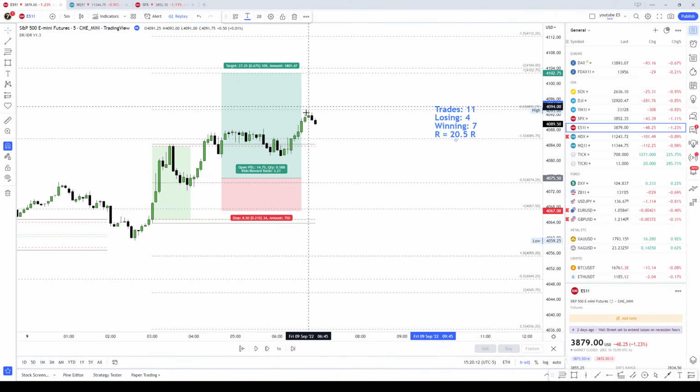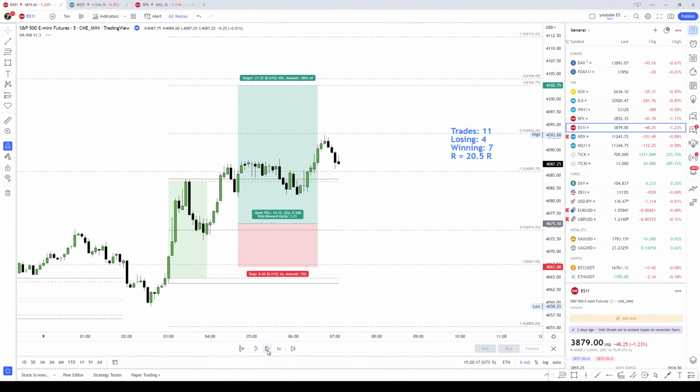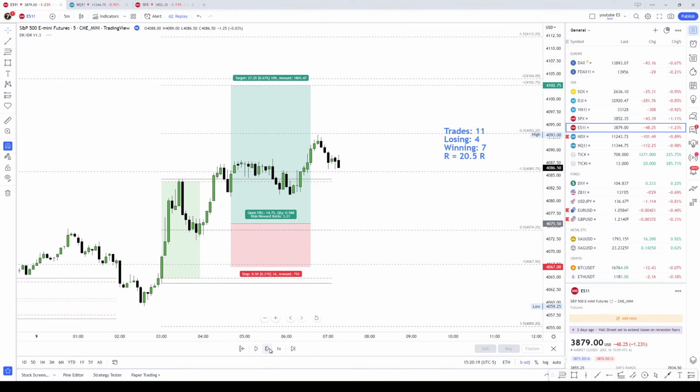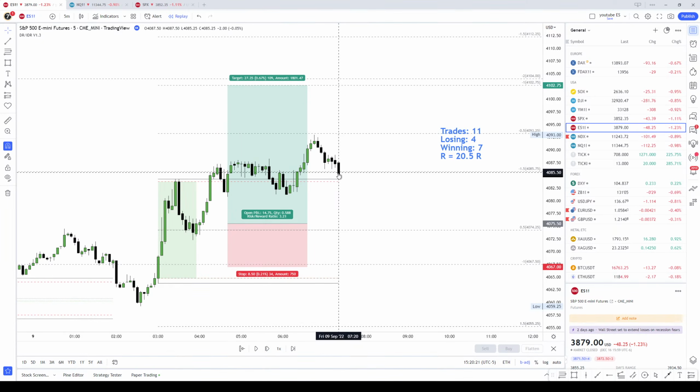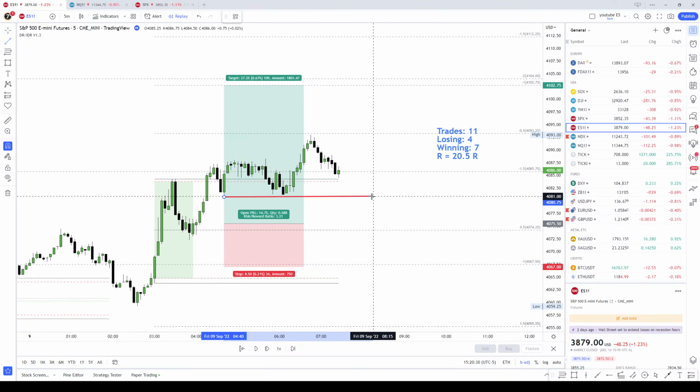So we didn't reach 0.5 yet, so no partials taking yet. So we are returning back over here. Actually, I would expect it to take out these lows before we really go up, but let's see.